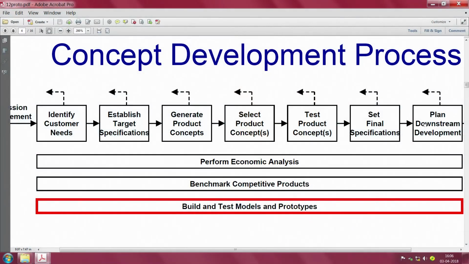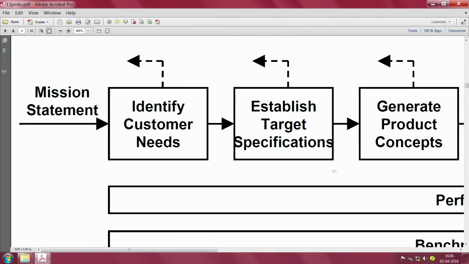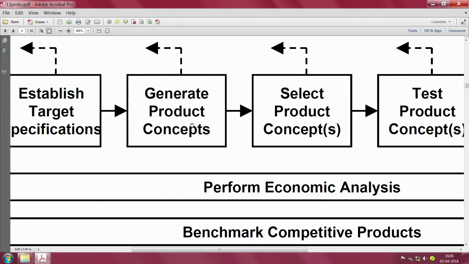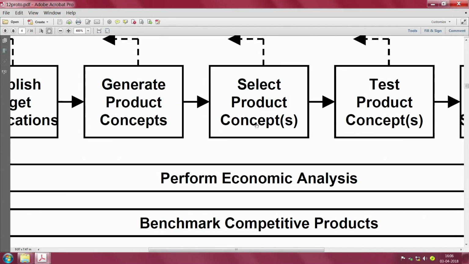So, coming back to this slide, at this one point we have identifying customer needs, target specs, product concepts and select product concepts. Now, when we talk about a product concept, it is real that this is not an easy thing. Have a look at this mouse. They are all sizes, all shapes, very tiny ones that sit well in the hand, and some which are flat.